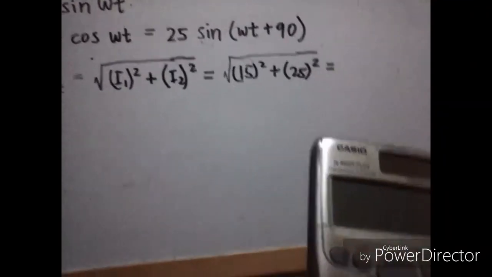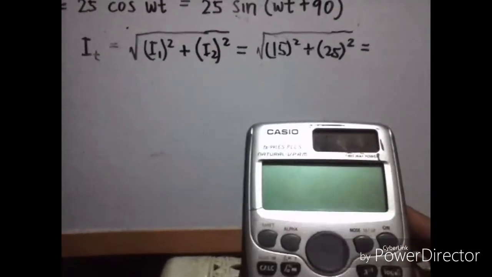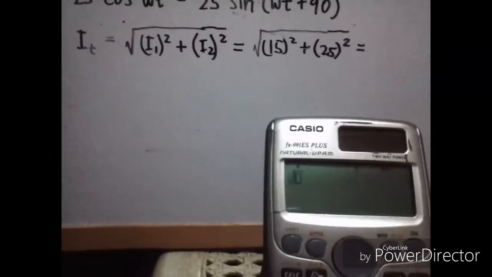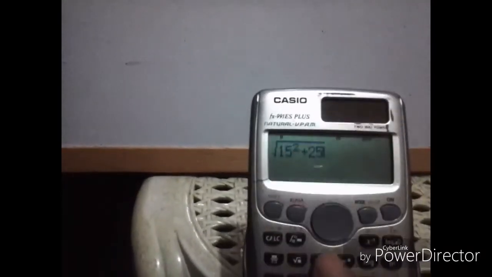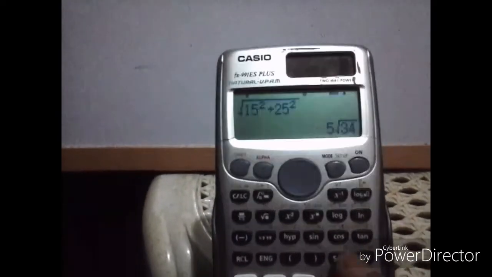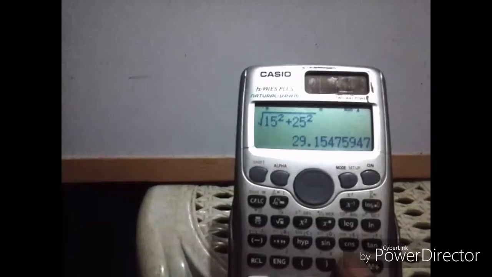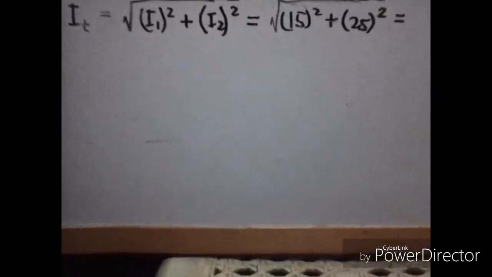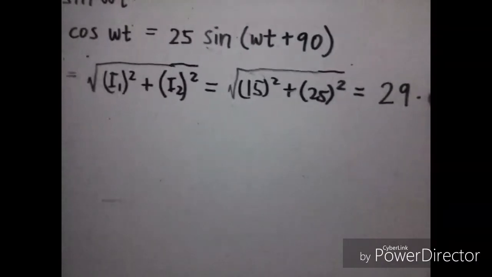The square root of 15 squared plus 25 squared is equal to 29.15. So the answer is 29.15.